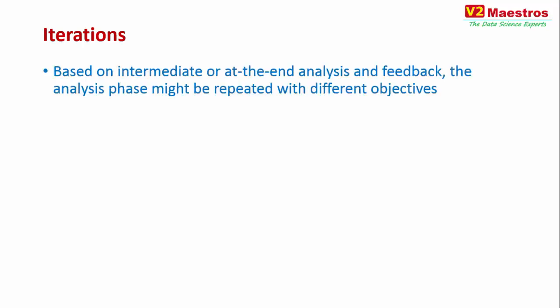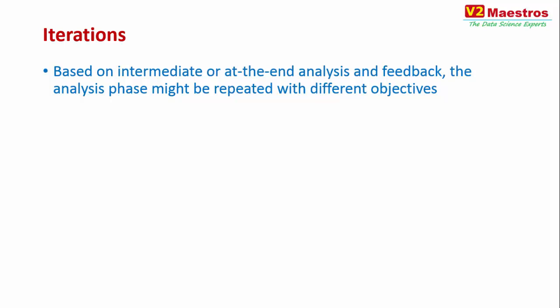The last thing you want to take note of here is the iterations that are required. Even though the steps are listed here as if they are supposed to be done in sequence, you do keep going back and forth between those steps. That might be based on intermediate or end analysis and feedback. After you do all your analysis, you share it with the domain expert and the other project stakeholders.